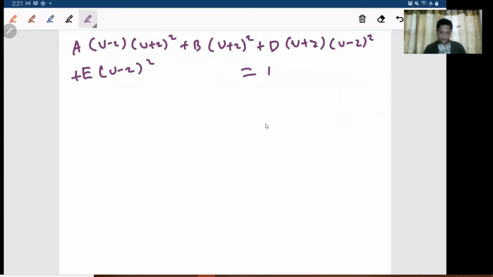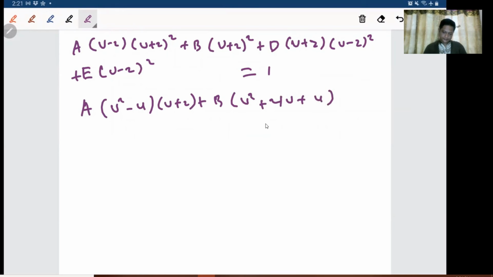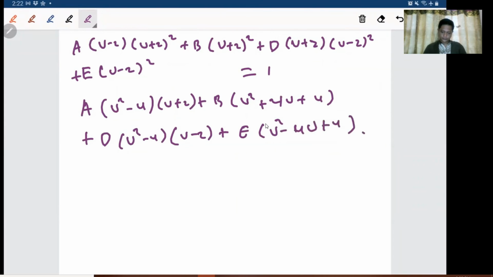Okay. I think this one is easier. I want to convert it to this part. Yeah, and then this one is u square plus 4u plus 4. And this one is d times, yeah, it should be correct, right? U square minus 4 times u minus 2 plus e times u minus 2 squared, which is u square minus 4u plus 4, equal to 1.